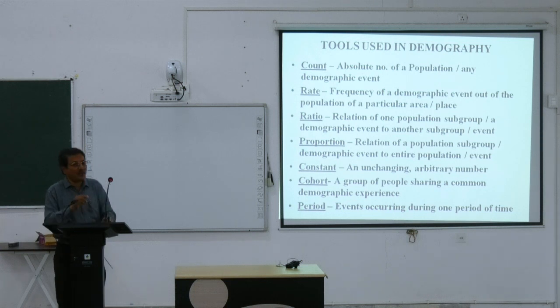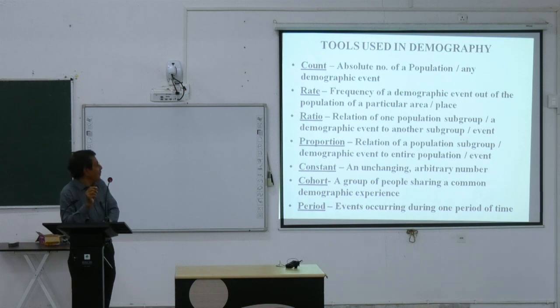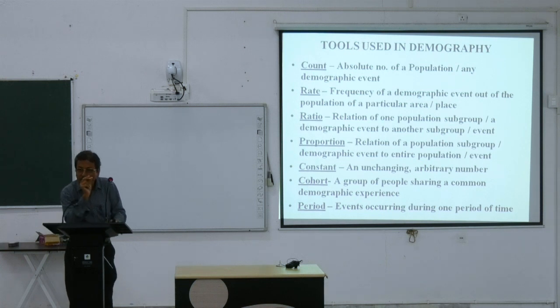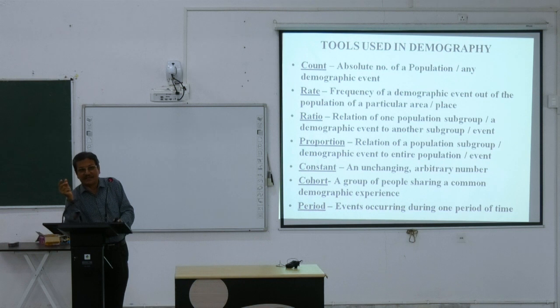Ratio means the relation of one population subgroup or demographic event to another subgroup or demographic event. Example, the relation of one population subgroup to another population subgroup: sex ratio. Suppose you want to know the sex ratio of this class.